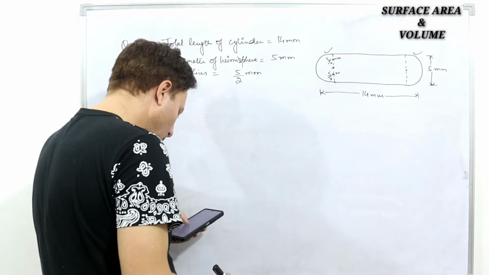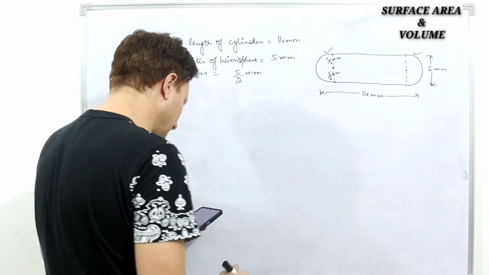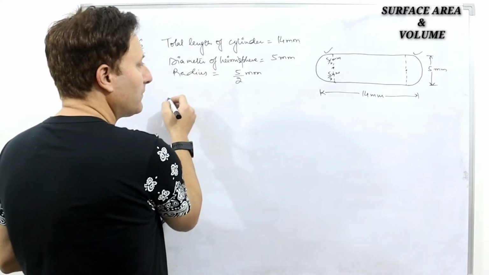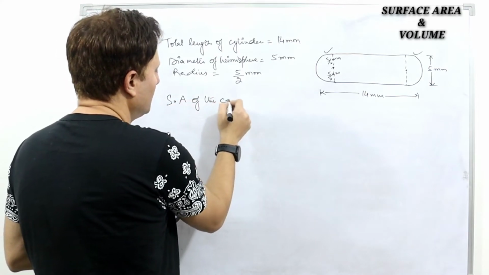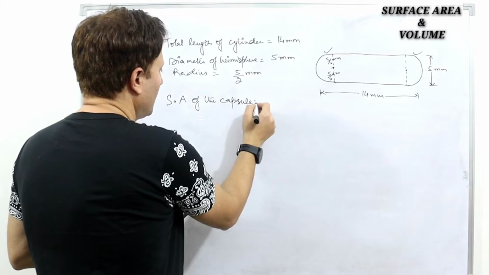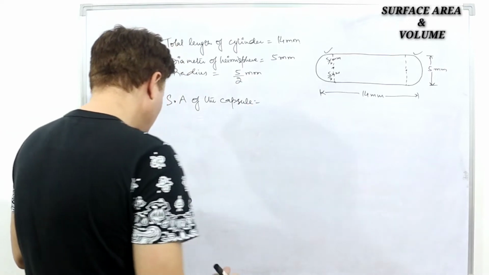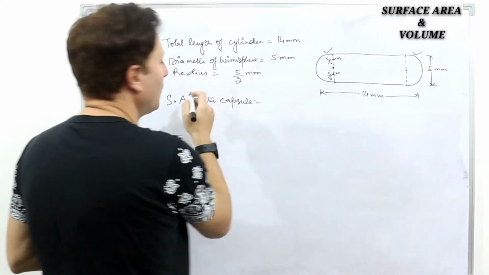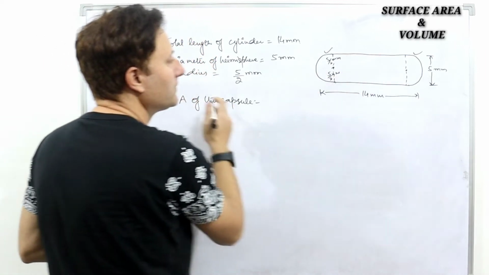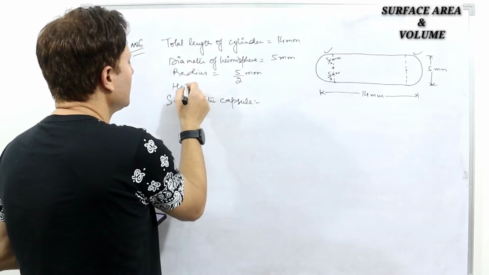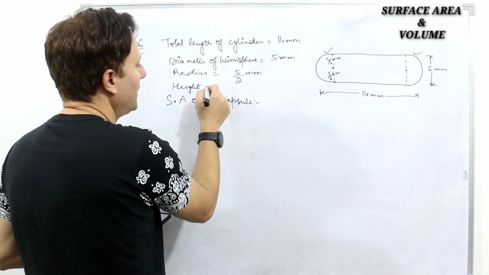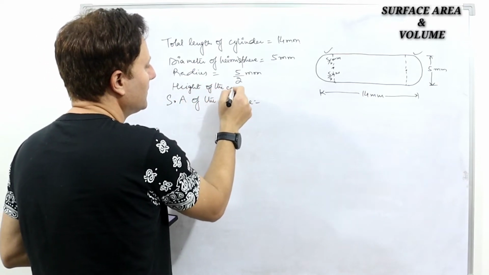Now what it says: find the surface area. So for this we have to find the surface area of the capsule. First of all, I'll take one more thing. I'll get the height of the cylinder as well, because it will be needed.